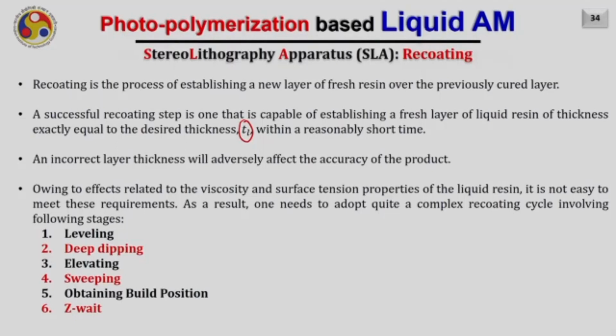As a result, one needs to adopt a very complicated recoating cycle which involves the following stages. First is leveling, second is deep dipping, third is elevating, fourth is sweeping, fifth is obtaining the build position, and sixth is Z wait. Let us discuss these 6 steps of recoating in detail.